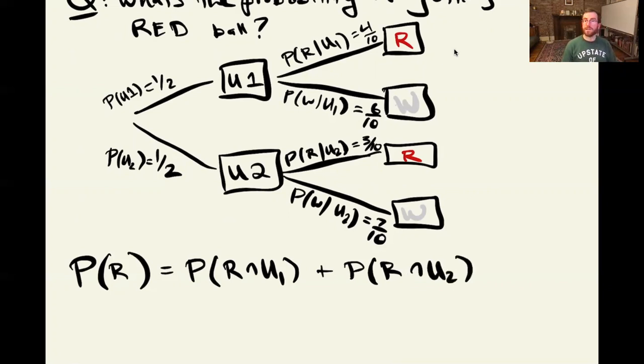But to compute these probabilities, we need to use the multiplication rule. First I need to figure out the probability I went down this path, and then the probability down this path. So that's going to be 1/2 times 4/10. It gives me a 20% chance of walking down that path, because 4 divided by 2 is 2, so I get 2 out of 10.